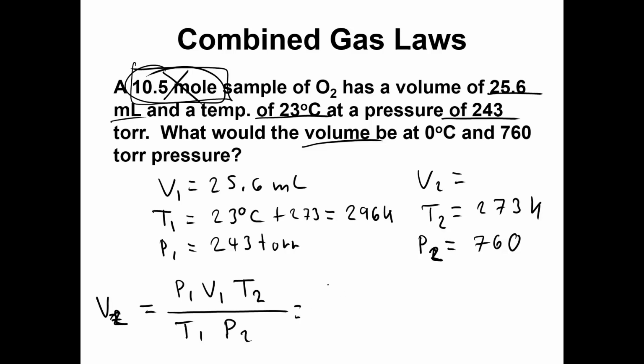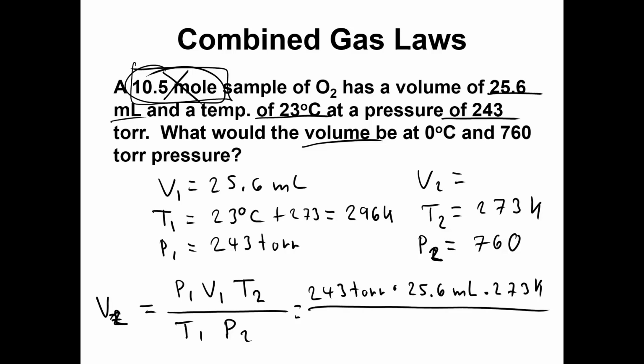Plug it all in, you have 243 torr times 25.6 milliliters times 273 K, right? So that's T2 here, divided by T1, which is 296 K, times the second pressure here, which is 760 torr.